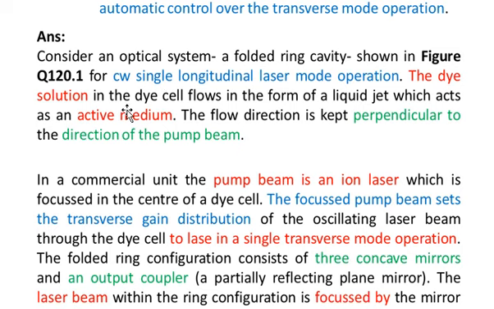The dye solution in the dye cell flows in the form of a liquid jet, which acts as an active medium. So you see that the dye is acting as an active medium. The flow direction is kept perpendicular to the direction of the pump beam.